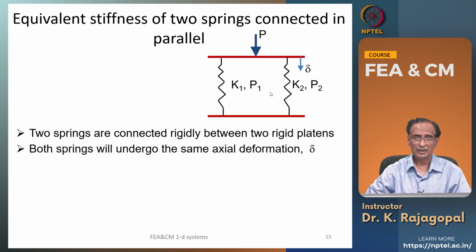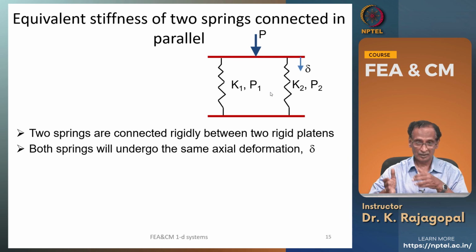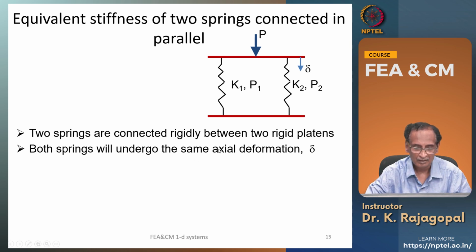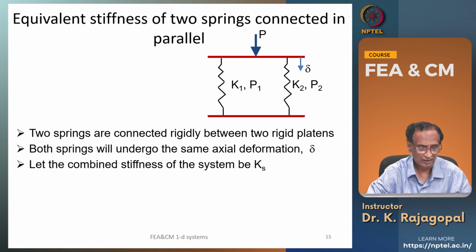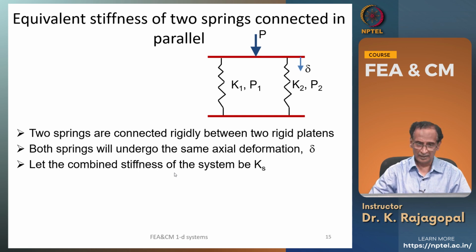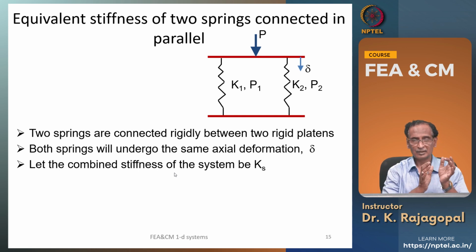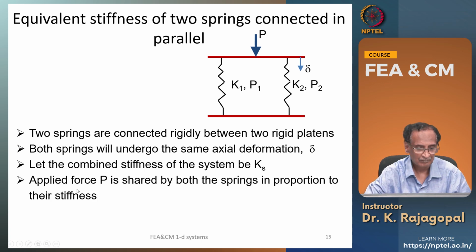When we apply any force, both will undergo the same deformation because they are connected with a rigid platen. The same displacement delta in both the elements, and let us say that the combined stiffness is Ks, that is the contribution from element 1 and contribution from element 2. The applied force P is shared by both the springs in proportion to their stiffness. So the force developed in spring 1 is K1 times delta, and the force developed in spring 2 is K2 times delta.